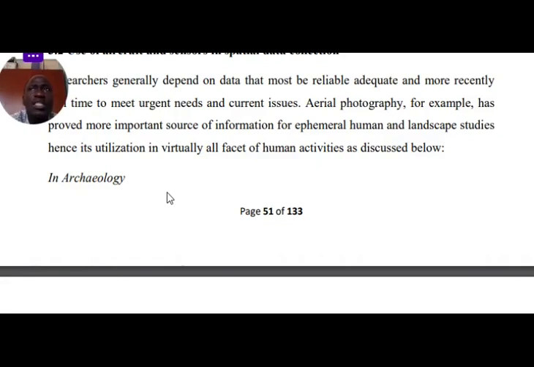Some images may be taken in the sky using the drone, while the person controlling the capture is on the ground, so it records.